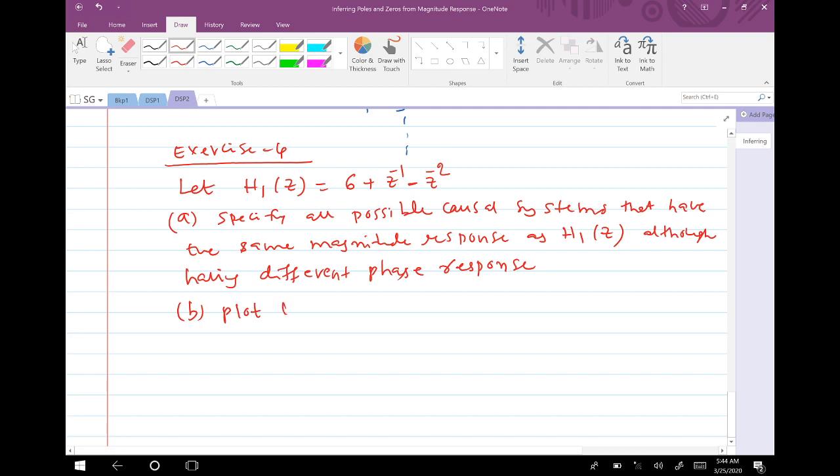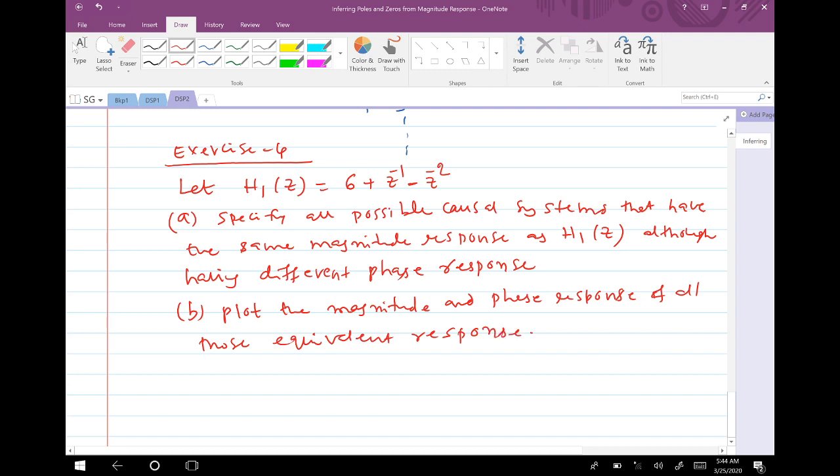Plot the magnitude and phase responses of all those equivalent systems, equivalent in terms of the magnitude response. Of course you should obviously see the same response in terms of magnitude, but it's the phase that would vary here.